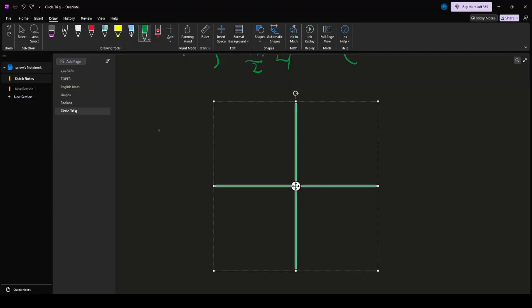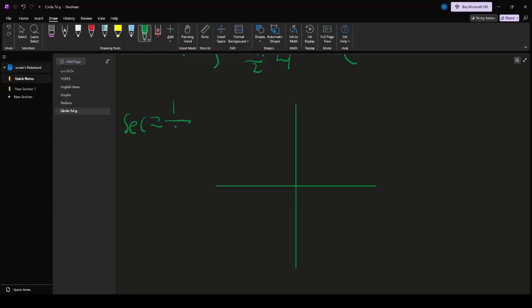So you're going to be given a ratio, so sine or cos or tan or even secant, cotan, cosecant. Okay, let's go over that. So secant is basically the reciprocal of cosine.